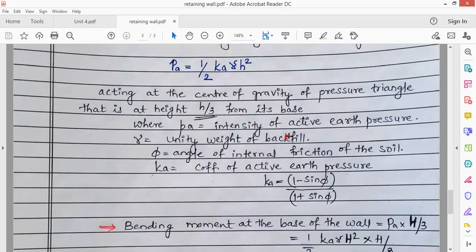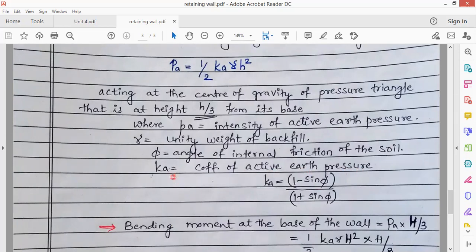Where Pa is the intensity of the active earth pressure, gamma is the unit weight of the backfill, phi, which will come in the calculation in the next step, is the angle of internal friction of the soil, and K is the coefficient of earth pressure.